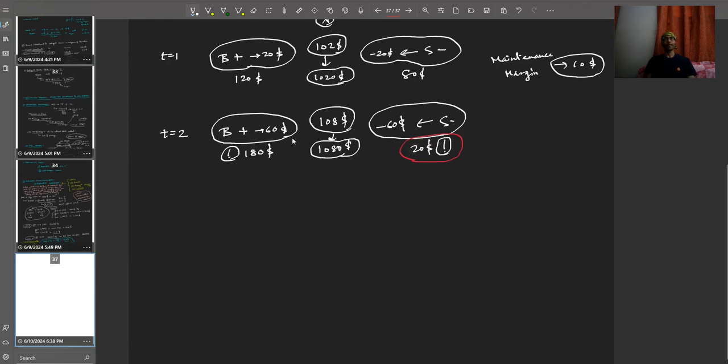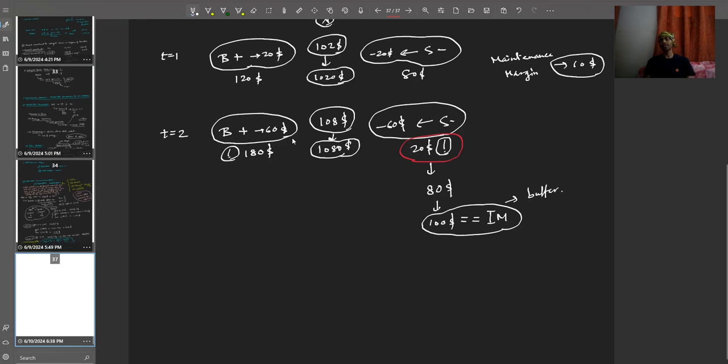So the seller now has to add $80 more, so that his account balance is $100, which is equal to the initial margin. So once the maintenance margin is breached, it is not the maintenance margin that has to be reached. It is the initial margin that has to be reached. So this is just to have a buffer.